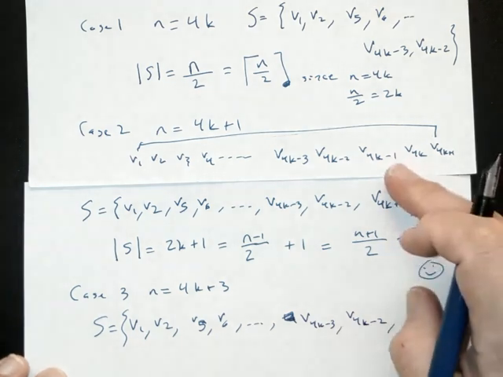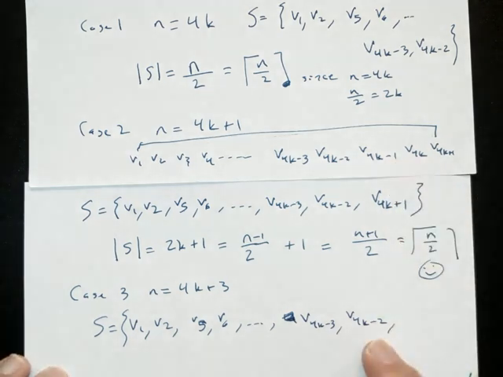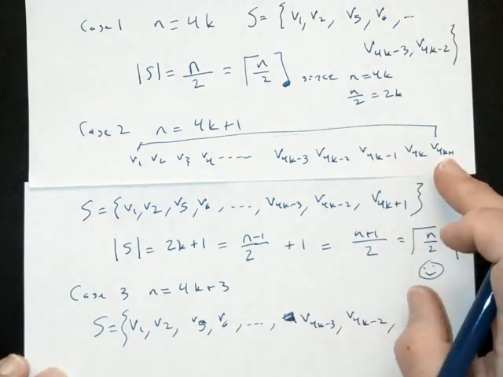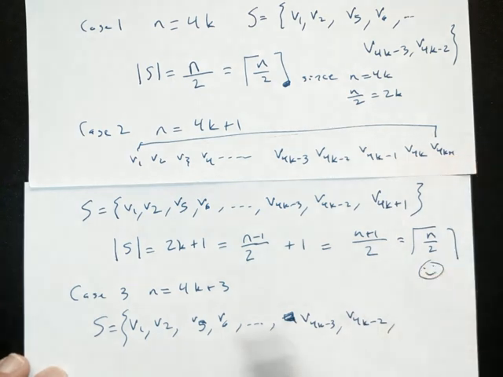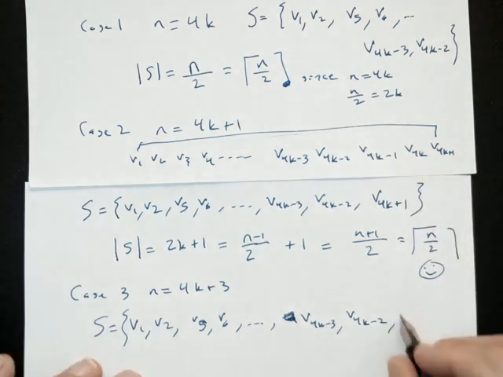I'll cover V4K minus 1 with V4K minus 2. I'll need 4K plus 1 and 4K plus 2 to cover 4K plus. Oh, wait a second. I'm in the same boat.